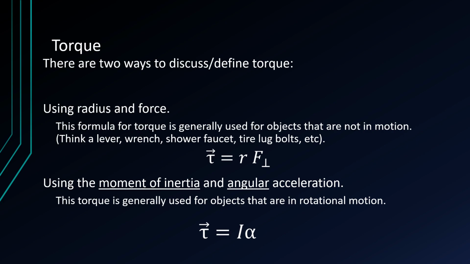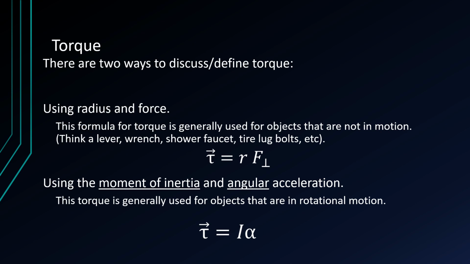Think about a lever, a wrench, a shower faucet. If you're tightening lug bolts on your car, we'll use this radius and force definition of torque. There is this second definition of torque, though, and this is generally used for objects that are already in rotational motion or are going to maintain some sort of angular velocity. And this is torque is equal to I alpha.